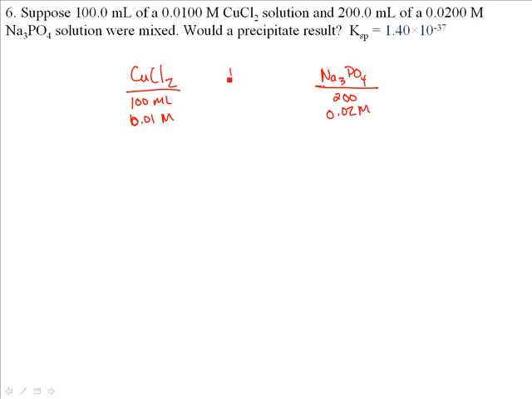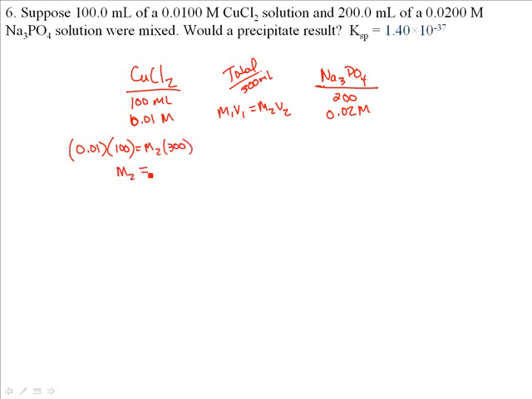So we have a total of 300 milliliters. So we use M1V1 equals M2V2 to do the dilution. Alright, so for the copper chloride, we have 0.01 times 100. We're solving for M2, and our new volume is 300.